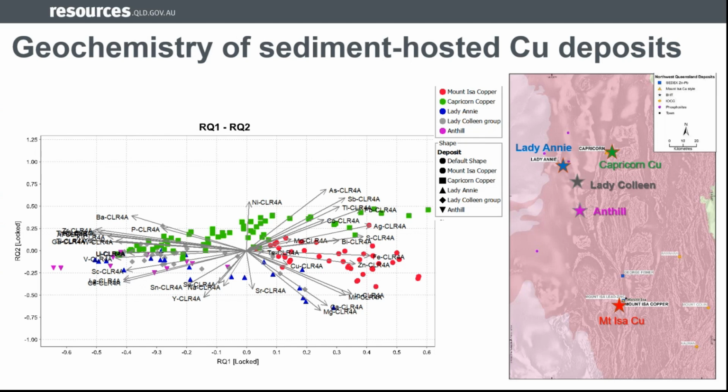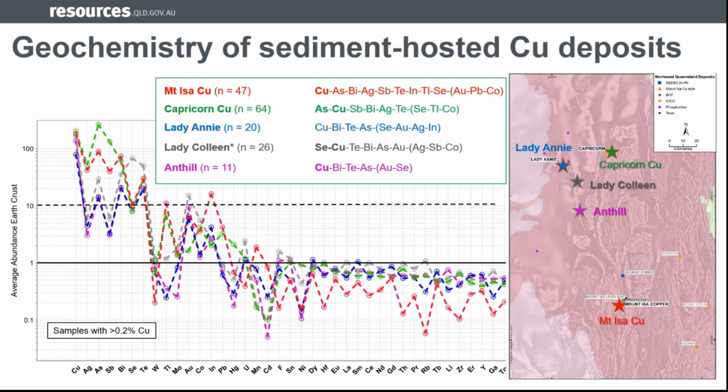So compared to IOCGs, there is some diversity within this family, but it's not really as vast as for IOCGs. It's easier to see in the simpler spidergram manifestation. Here you can see that the dominant signature for IOCGs, which is tellurium and selenium, became much less significant. Elements like arsenic, antimony, and bismuth are elevated and of common significance, and this is the common part of the signature.